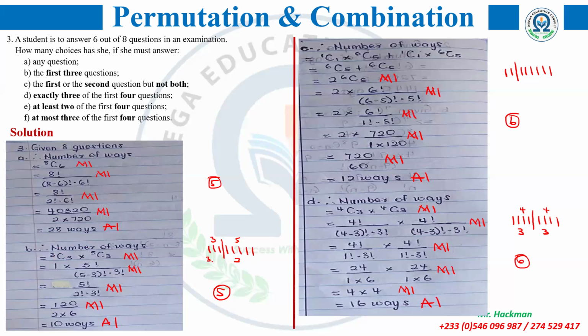Then after answering 3 in all, I'm supposed to answer 6 questions. So I have 3 more to select, but from the remaining 5, and that will be 5 combination 3. So perfectly done. The rest of the algebra you can do. Even with this one, it's okay, but you can choose not to write it because it will change whatever you have.